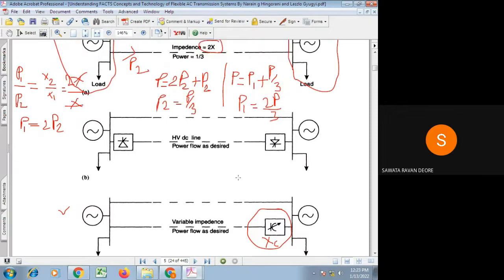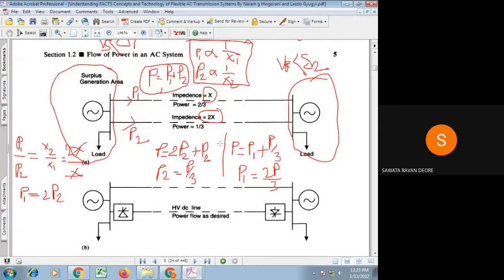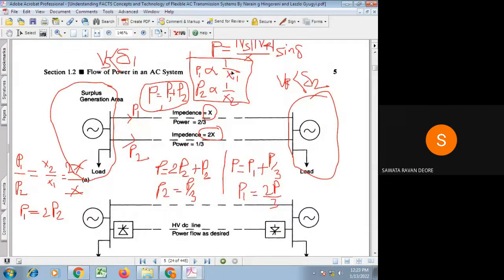So under these circumstances, for the second line, whatever proportionality was there by 1 by X1, but for P2, the proportionality 1 by X2 will now turn out to be 1 by 2X minus XC. This relation, that X2 is 2X minus XC divided by X, will now be the ratio of power sharing among P1 and P2.